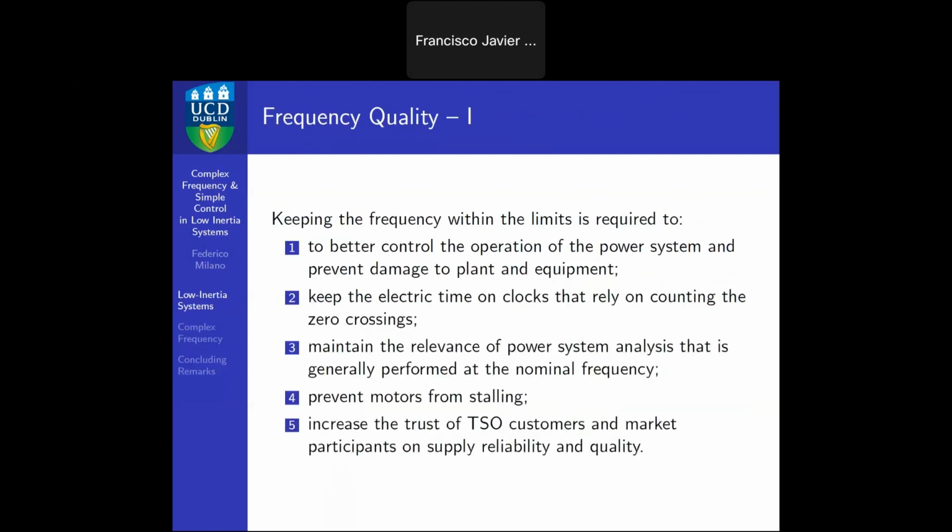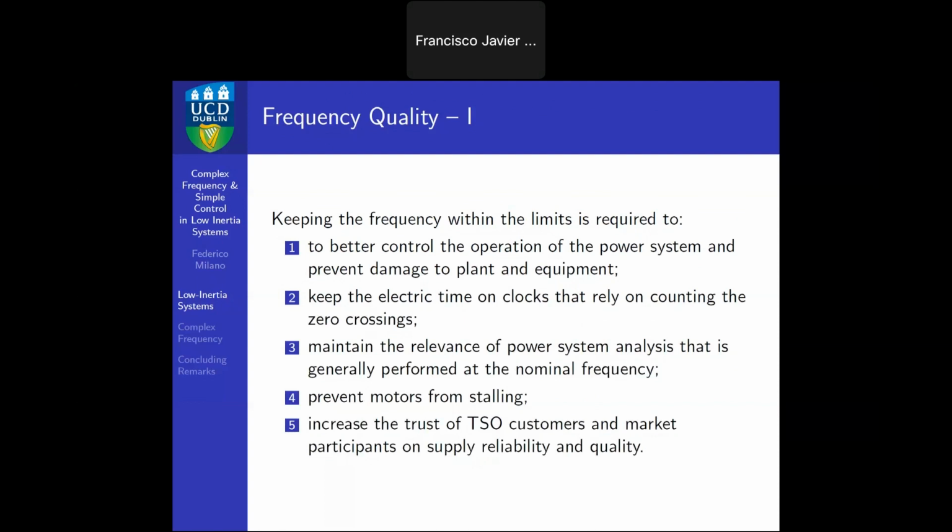Anyway, this is from EirGrid, okay? They have this concept of frequency quality. They wanted to keep the frequency within certain limits, and any time the limit is not respected, they consider it a lack of quality.